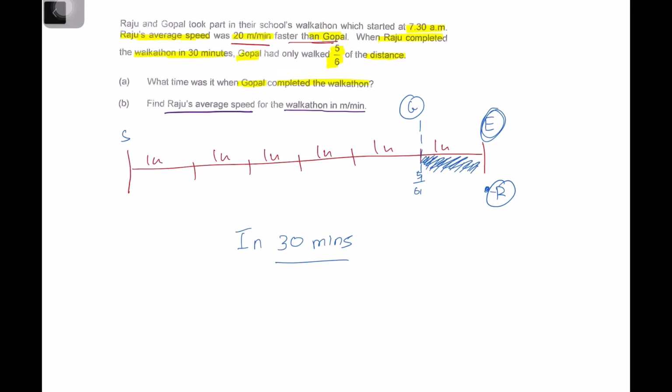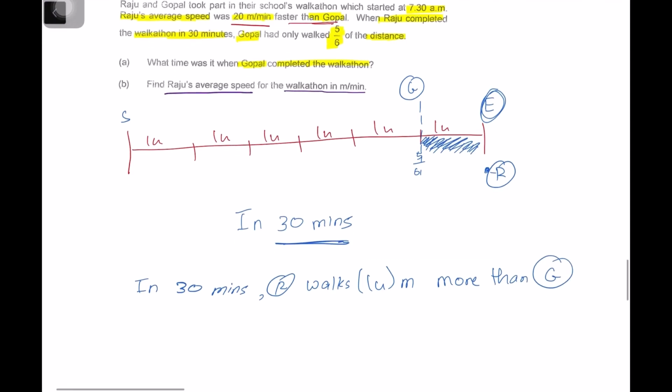So, and this is in a time of 30 minutes, which means that in 30 minutes Raju walks 1 unit of distance, which is 1 unit meters, more than Gopal, right?